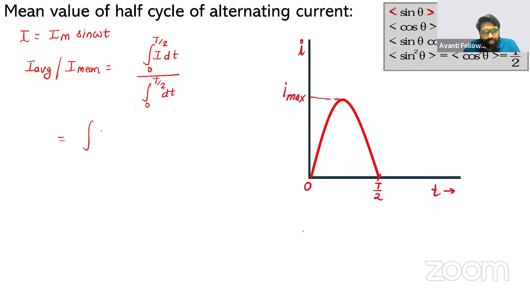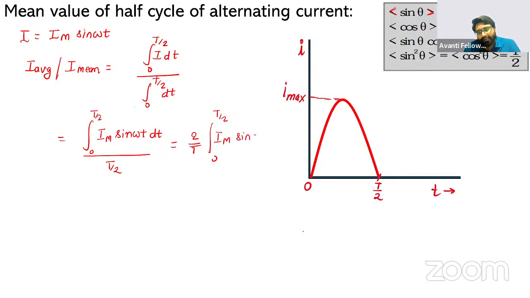Now, put the value here. It comes out to be the integral of Im sine omega t dt, divided by T by 2 over the limits 0 to T by 2. So we can write it as 2 by T, integration 0 to T by 2 of Im sine omega t. Im is a constant, the maximum value of the current. What is the integration of sine theta?